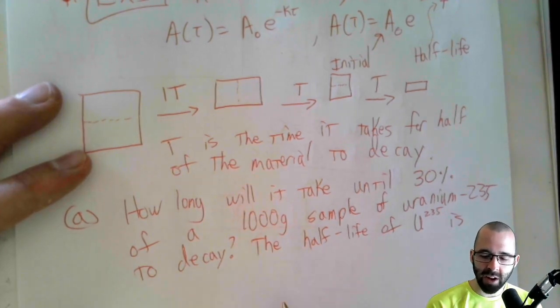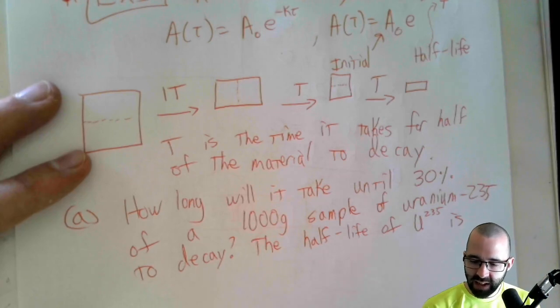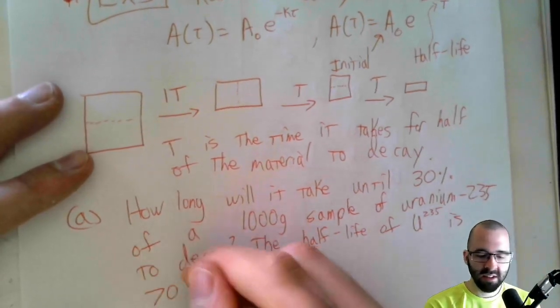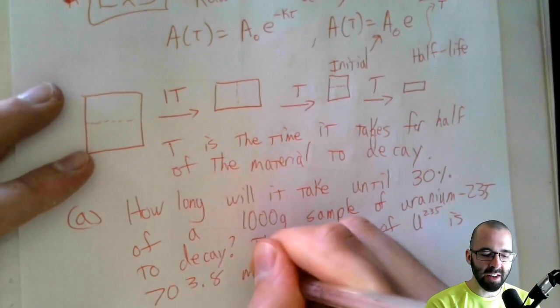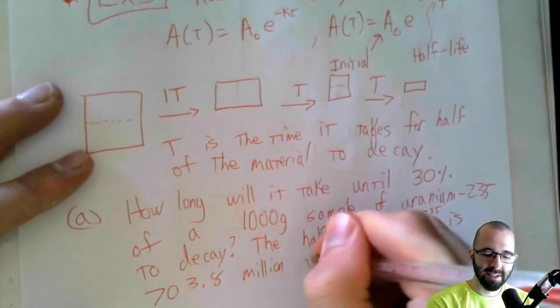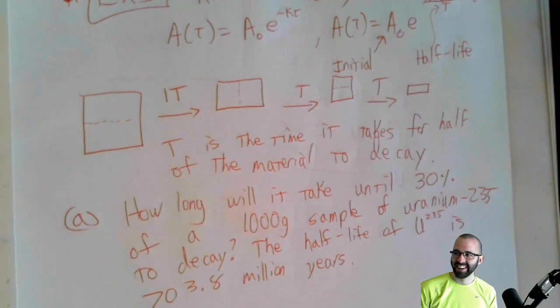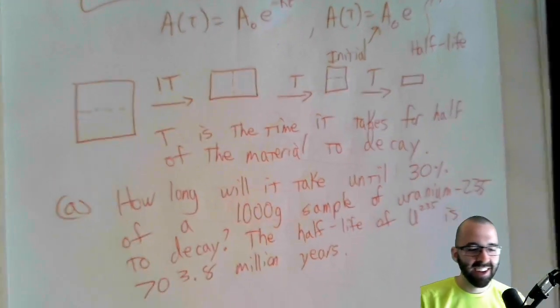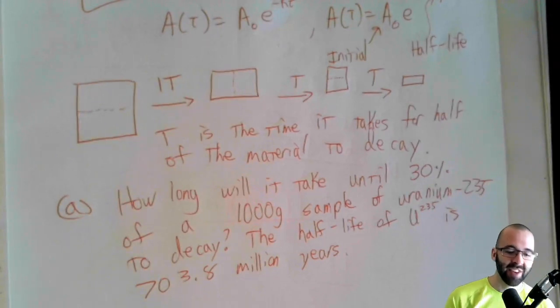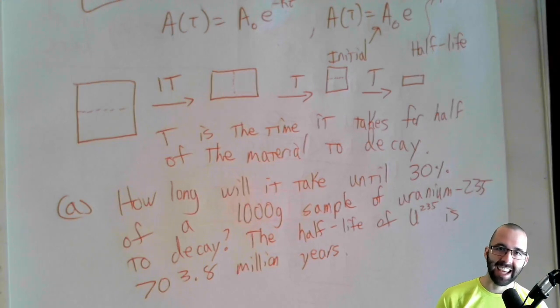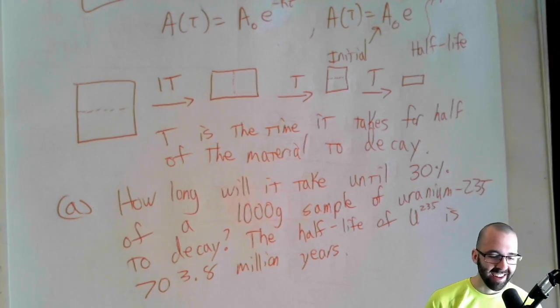That half-life for uranium-235 is 703.8 million years. So it's going to take a while. A long time. Guarantee you, you stare at that uranium-235, you're not going to see very much decay. All right. And it's probably not good to be around.